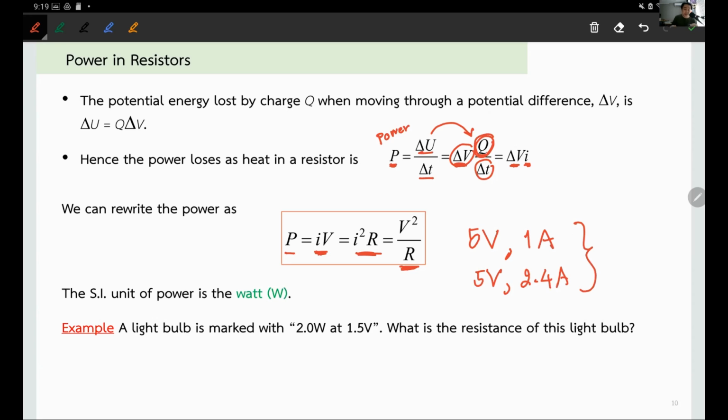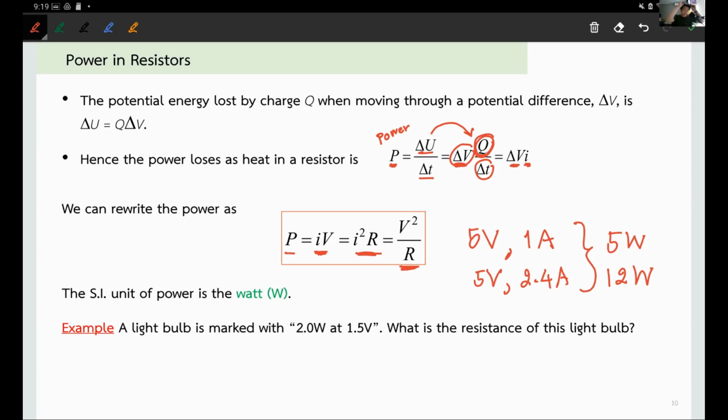If you multiply this current and the voltage, you will get 5 watts for the 1 amp port, and you will get, what is that, 12 watts, something like this. So you know the wattage, the power rating of this adapter.